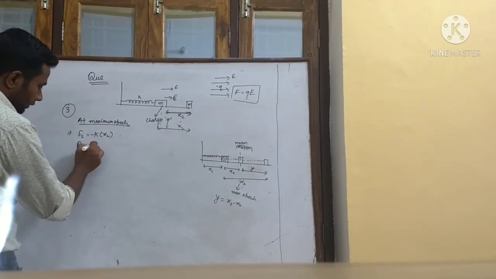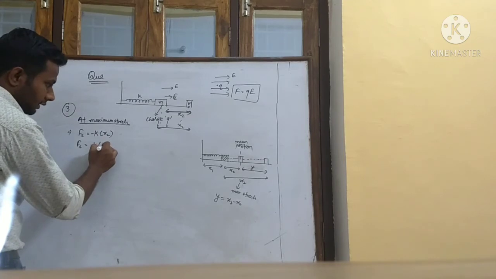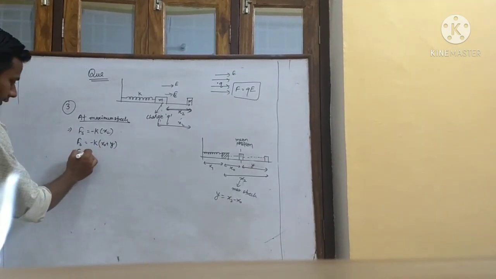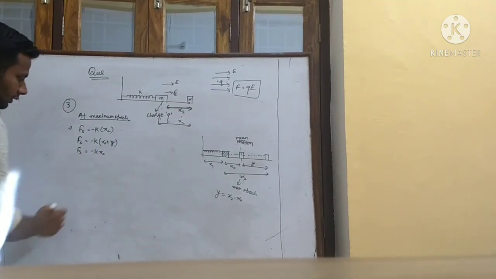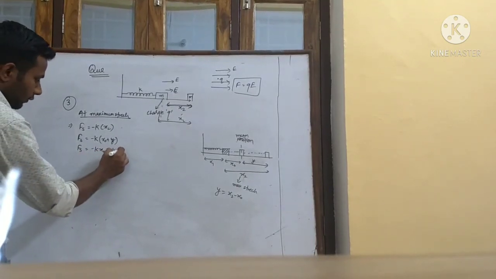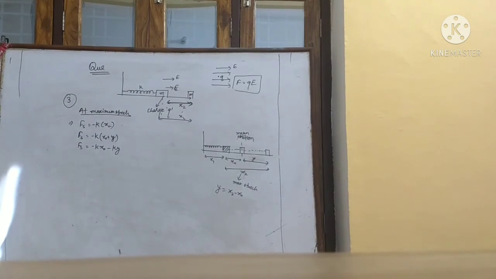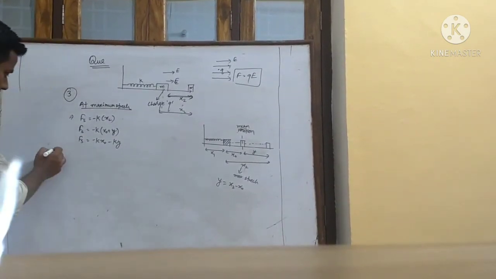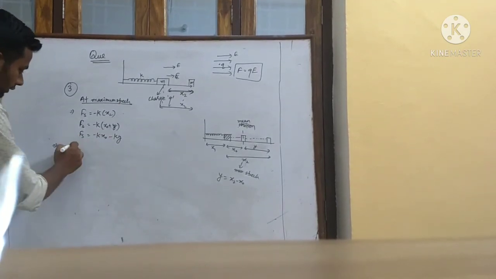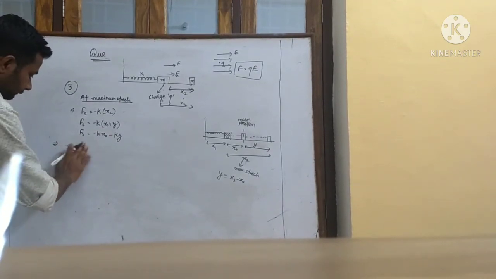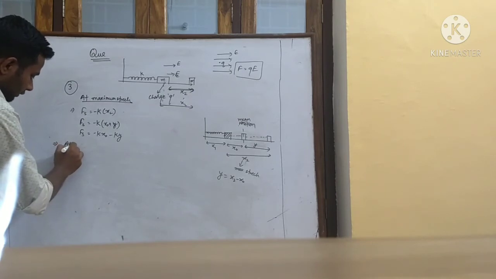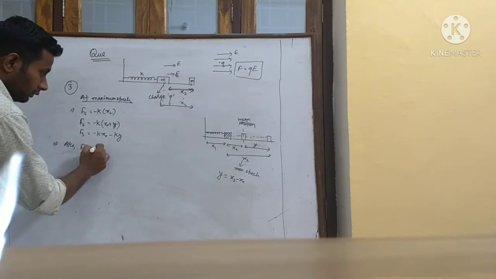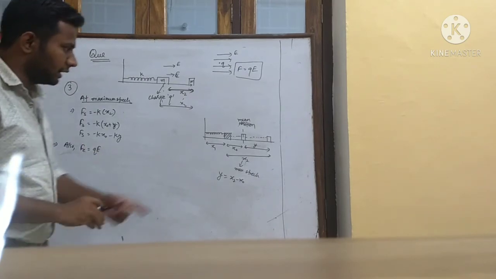So Fs is equal to minus k, I am taking x2 value as x0 plus y. So Fs is equal to minus k x0 minus k y. Okay. Sorry, so Fe also, Fe is equal to QE at this position.